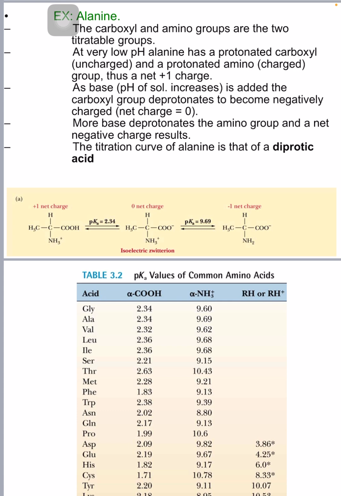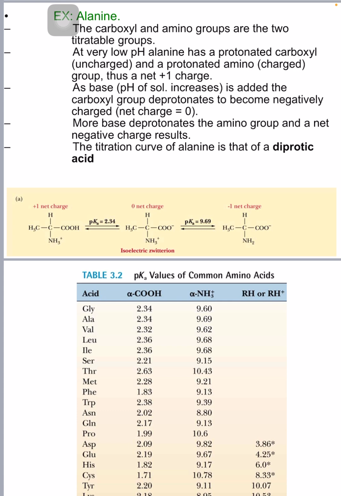All right? The first pKa, if you look at the chart for alanine, is 2.34, right? 2.34 is where the most acidic group will become deprotonated. So if you go past 2.34, that carboxy group is going to be deprotonated.